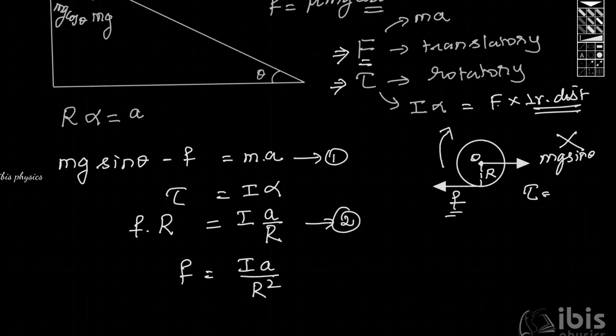And one thing you should know here is that for any moment of inertia, suppose you take a sphere or a disk, the moment of inertia of a disk is mr square by 2. Apart from m, whatever remaining is there, we call k square, where k is called the radius of gyration.